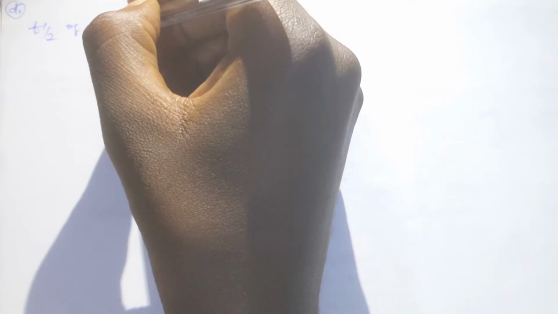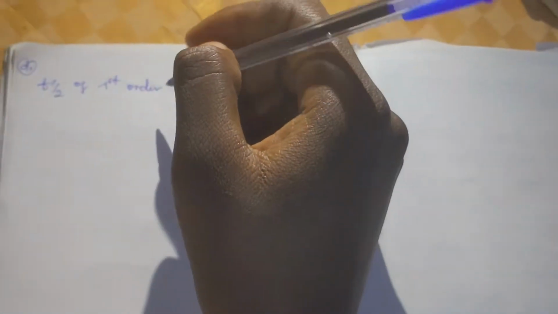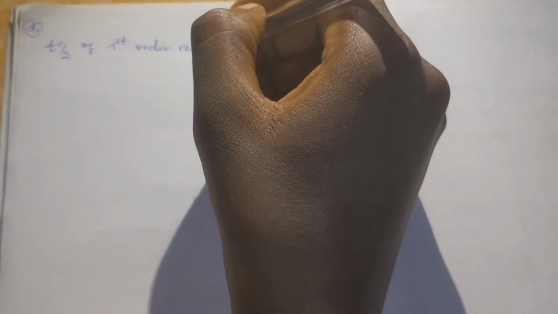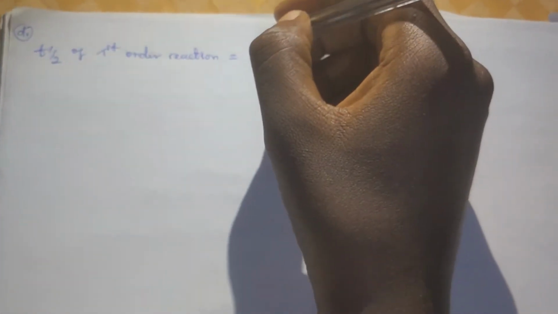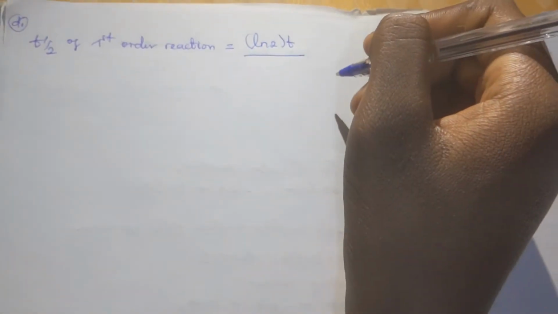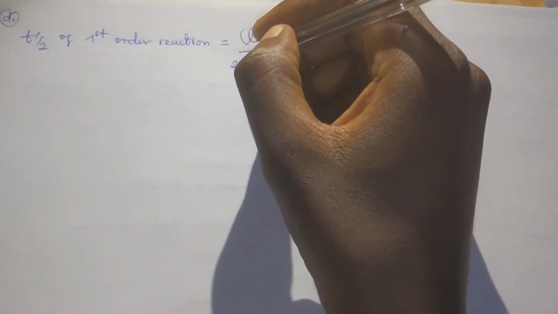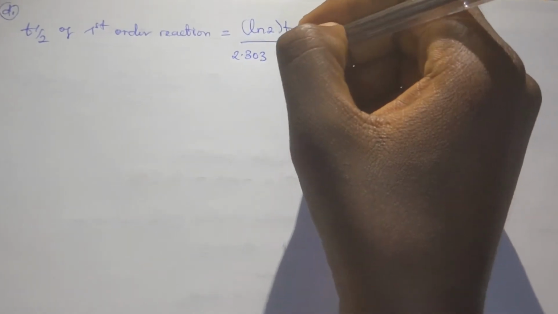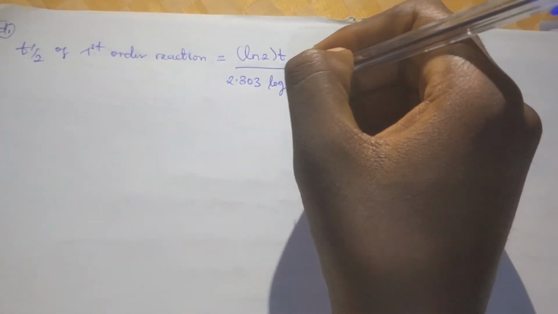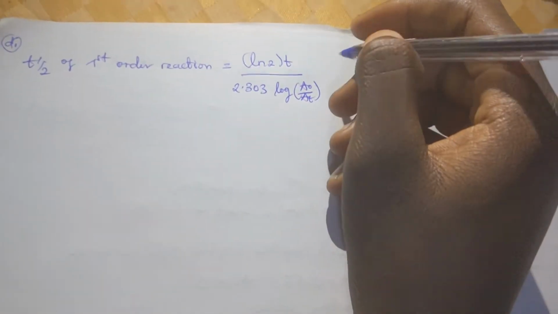T half of the first order reaction is given by this formula, ln 2 times T, that's the time where 68% of the substance is reacted, divided by 2.303 times the log of the initial, that's A0, the initial percent, which is 100, divided by the remaining, that's the final concentration, which will be gotten as shown below.